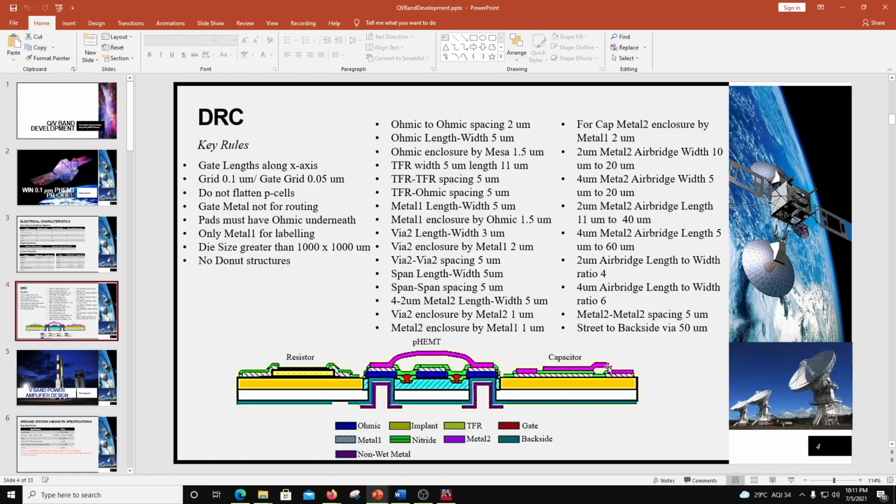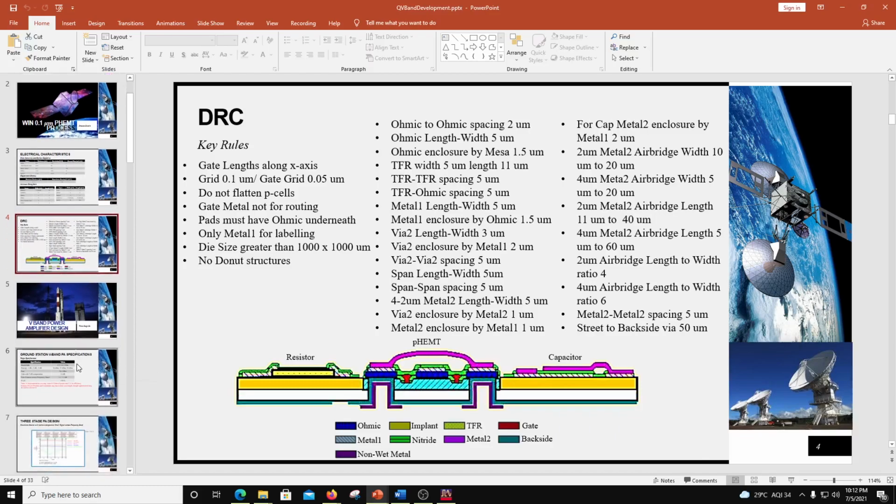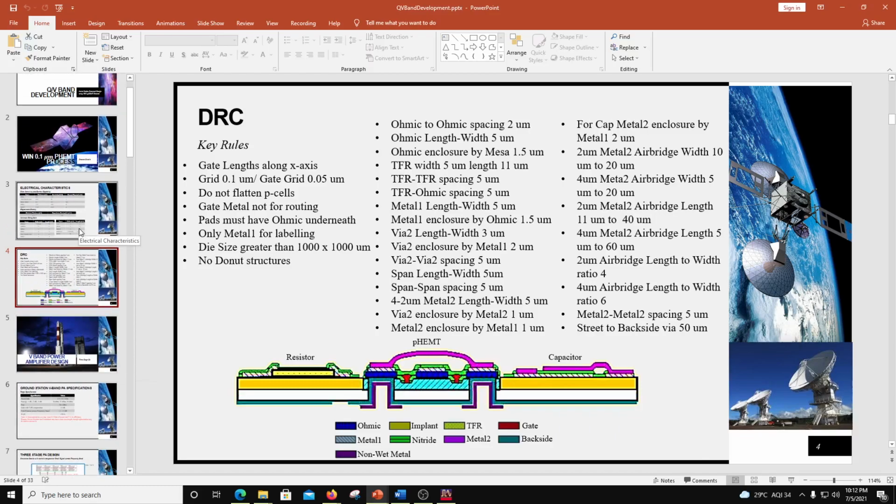And this is a capacitor with the air bridge. Similarly, there can be an inductor with the air bridge and stuff like that. And these are your DRC rules. So you work with this kind of substrate, and you can do passives on top of this gallium arsenide. So that's what EM simulation is going to be for ICs.